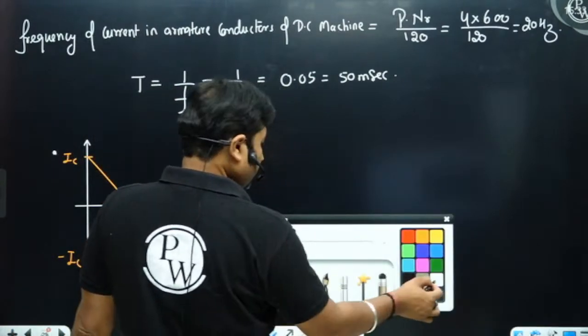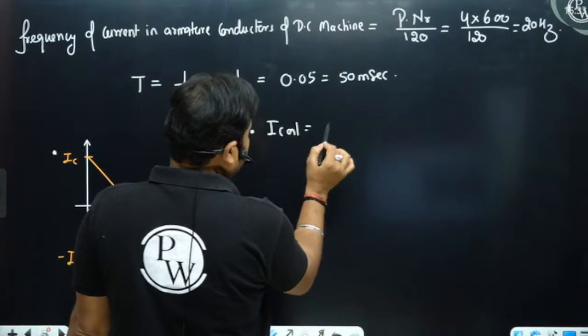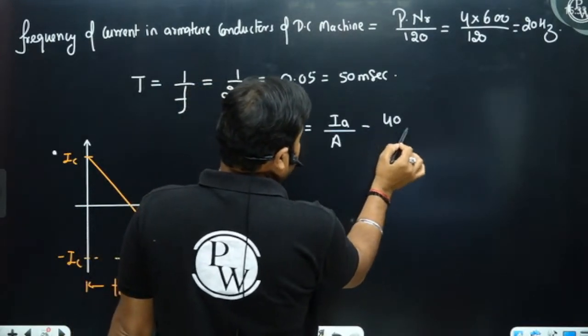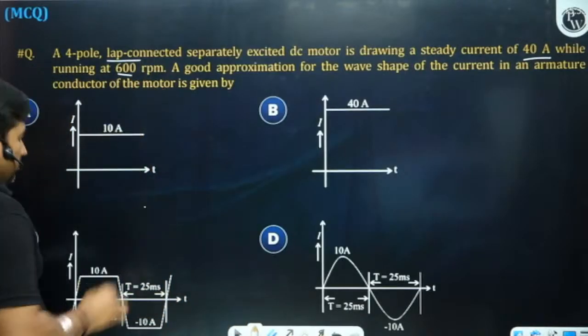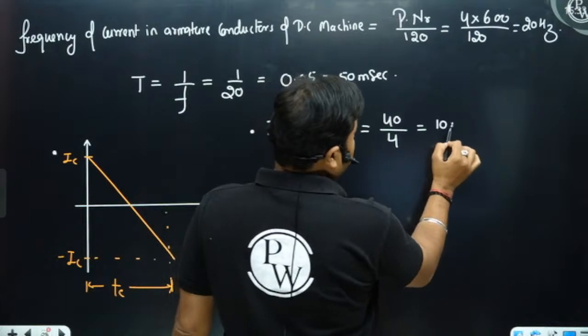So what is coil current? Coil current is armature current upon number of parallel paths. Armature current is 40 ampere, and since this machine is lap connected, the number of parallel paths is equal to the number of poles. So 10 ampere is the coil current.